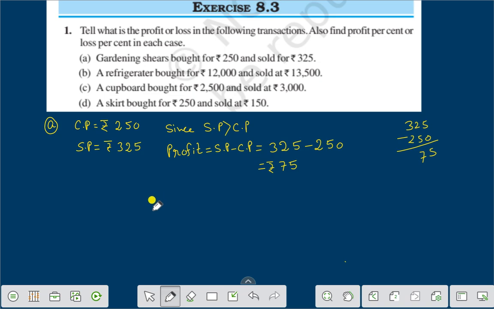Right? Therefore, we find the profit percent. Now we can find the profit percent as profit percent is equal to profit by cost price into 100%.